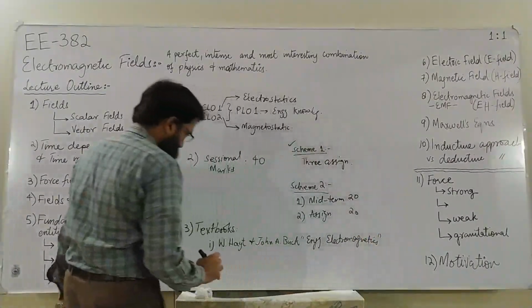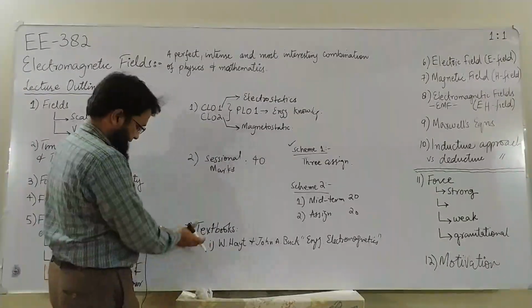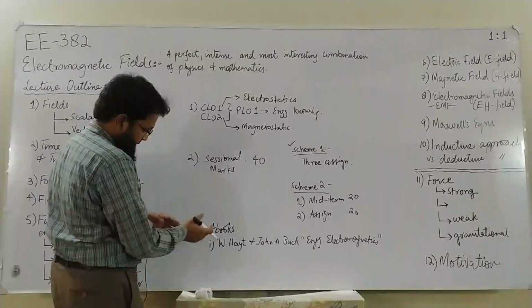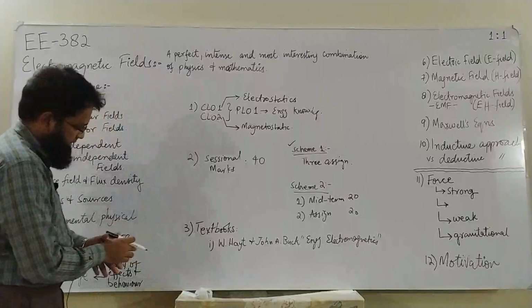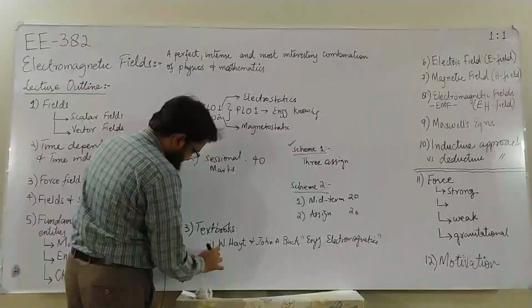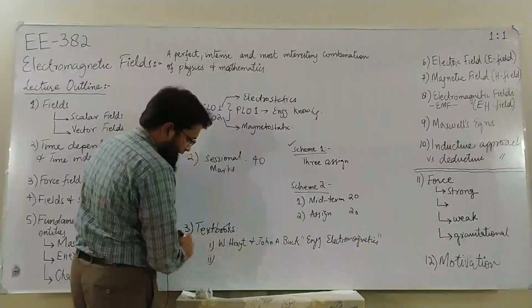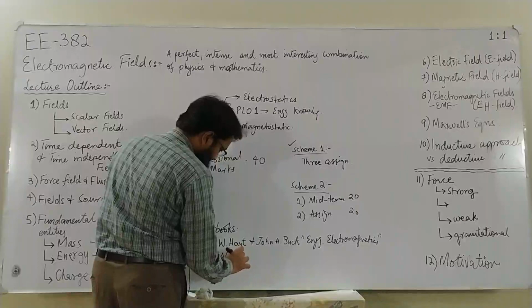All right, so you should consider this as the textbook. This is the one which is recommended by the university for you to buy or take from the book bank. But there is another very interesting and very, very helpful book by Nathan Ida. This is not a reference book.